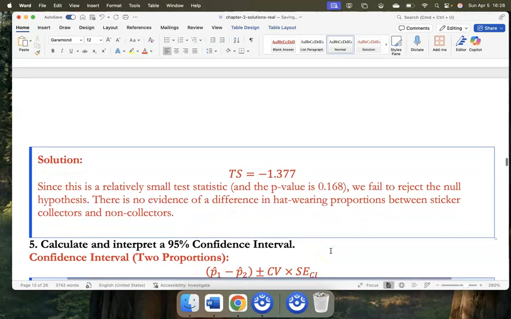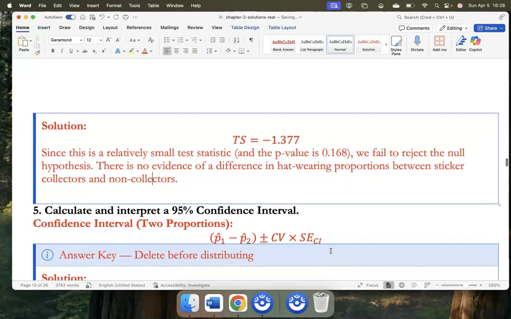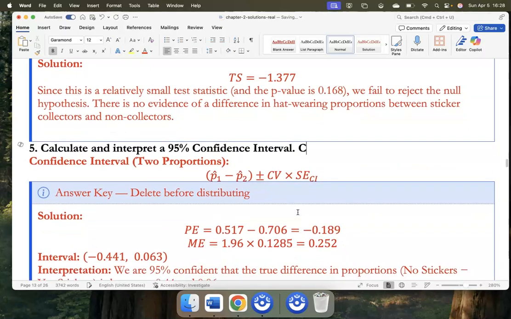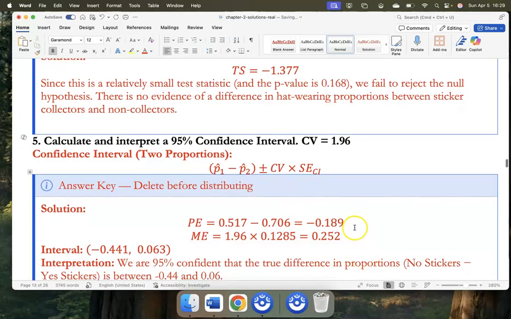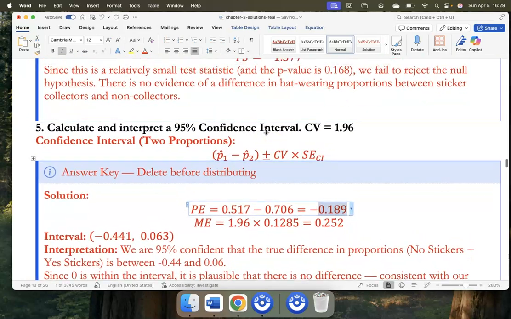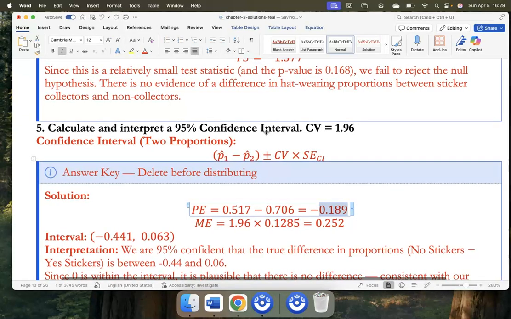And if we create a 95% confidence interval, I didn't give you the CV here, but the CV is equal to 1.96. You can see that 0 is plausible for the difference. So you see the hypothesis test and the confidence interval agree with one another, and that 0 is plausible.